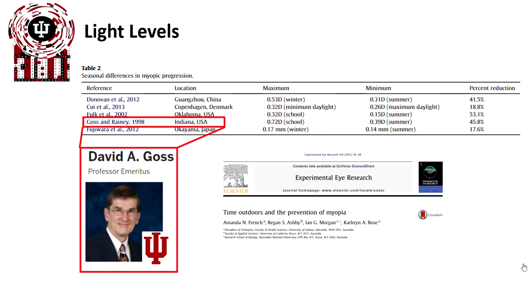Conversely, during the summertime, when there are high light levels, there's less myopia progression. So this suggests light levels are possibly a contributing factor. Now, a smart person might say it could be accommodation and near work because they're in school versus out of school. And we'll discuss those myopia theories of progression and development later in future lectures.